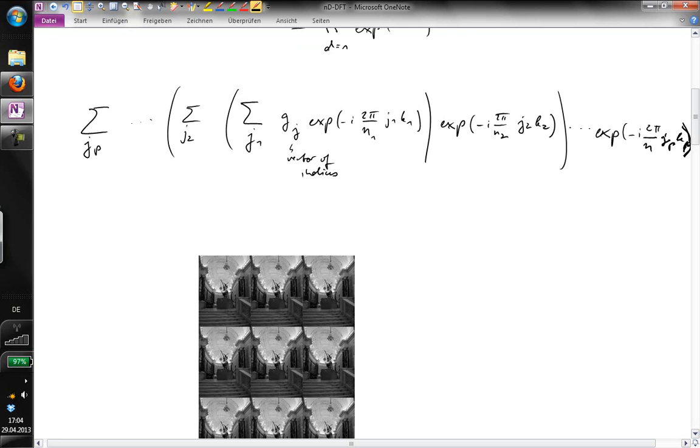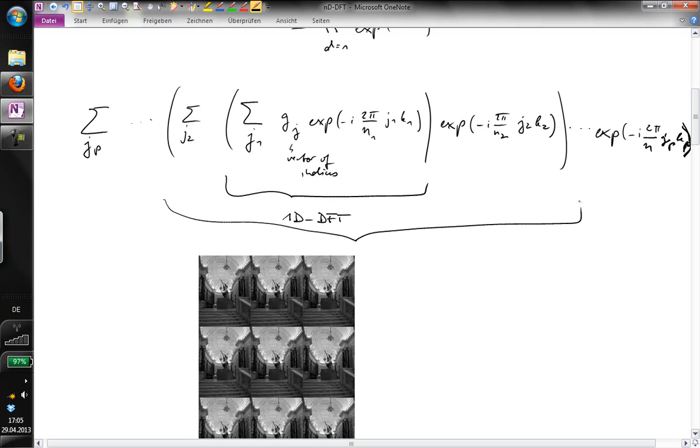Okay, now note that this here is just a 1D discrete Fourier transform. So we have a hypercube of data, and we first transform along one dimension of this hypercube. And we then take another 1D discrete Fourier transform along an orthogonal dimension, and so on and so on.